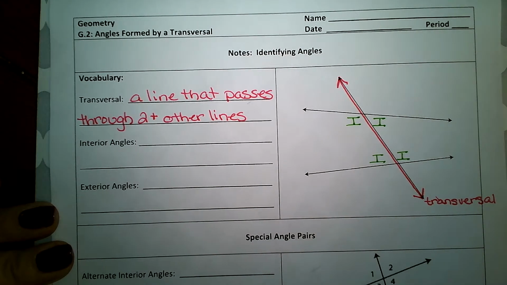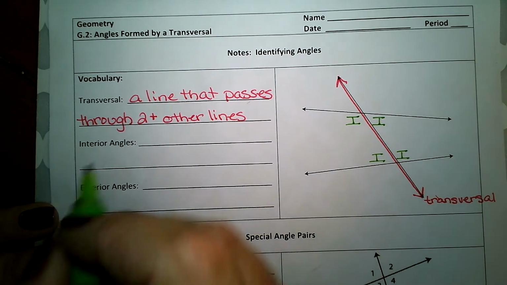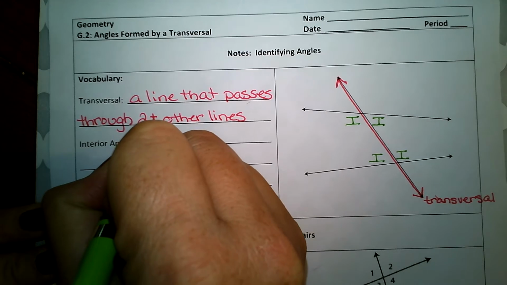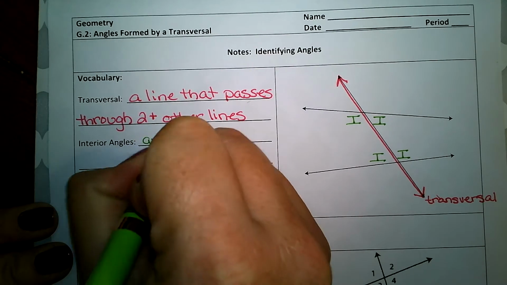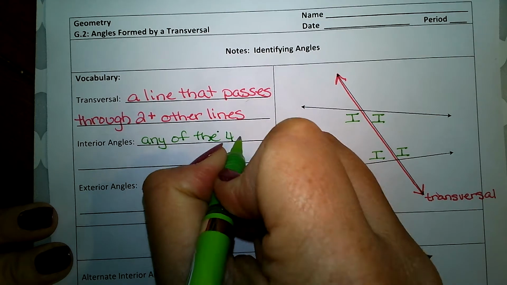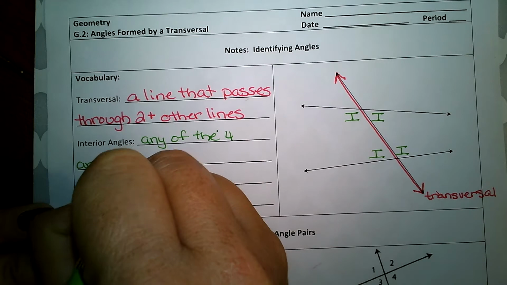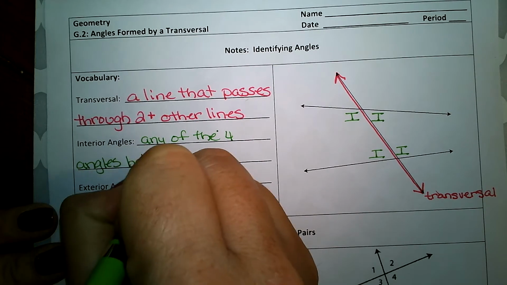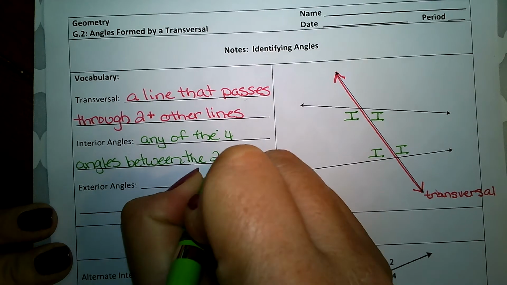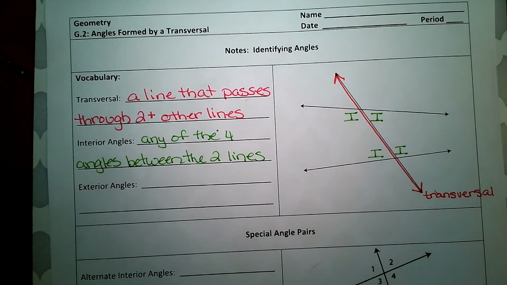They are inside the 2 horizontal lines. So interior angles are any of the 4 angles between the 2 lines.